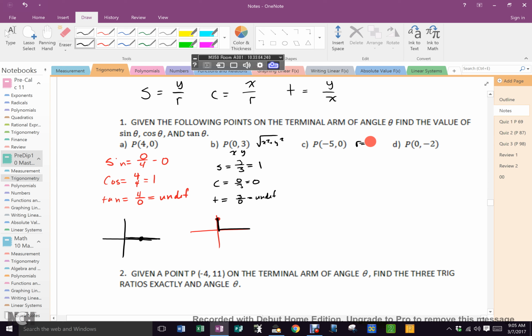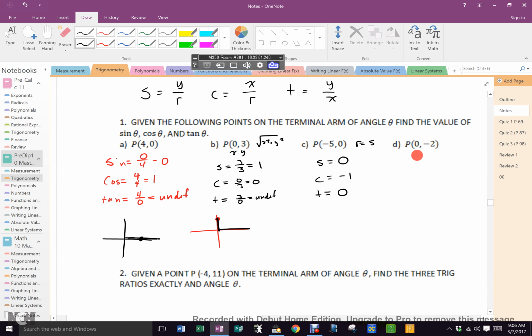It's pretty easy. Of course it's 5. So sine is 0, because it's y over r. Cos is negative 1, and tan is y over x, 0.